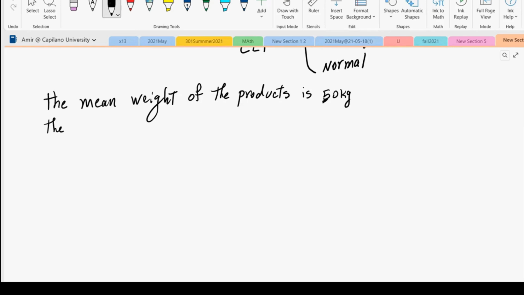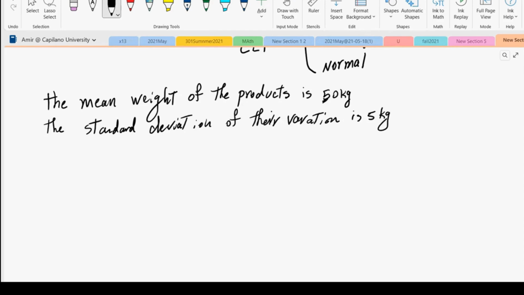The standard deviation of their variation is 5 kilogram.